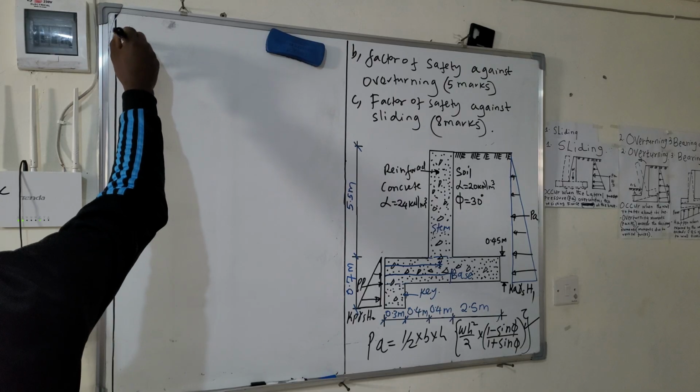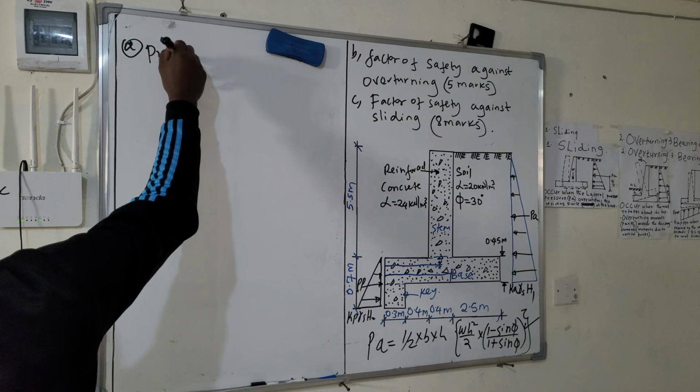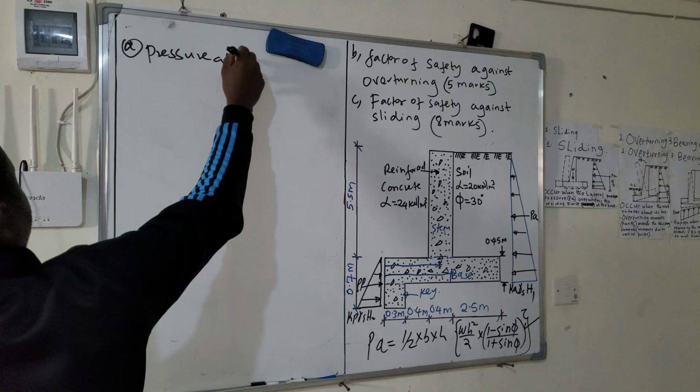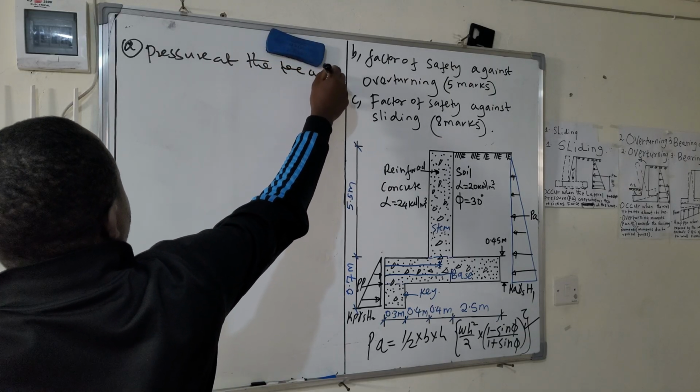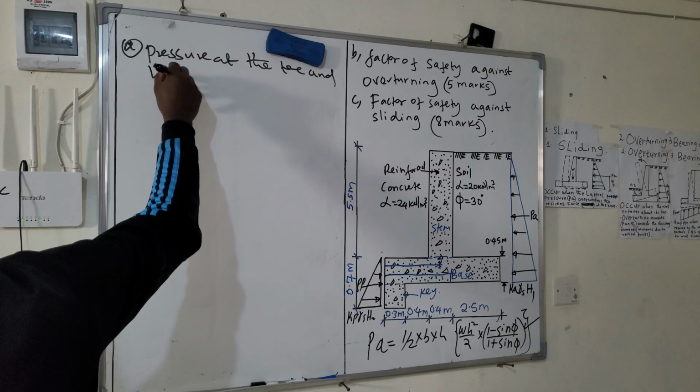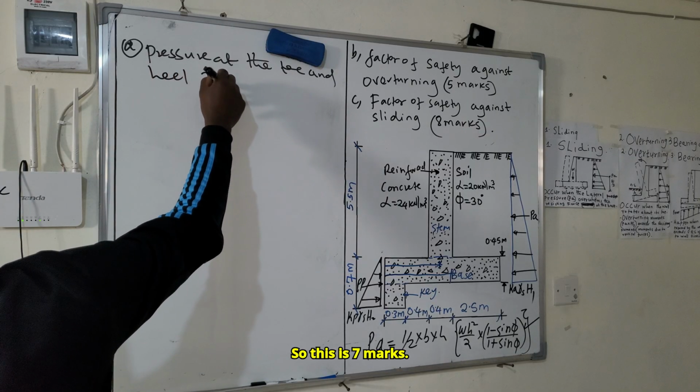So A, pressure at the toe and heel. So this is 7 marks.